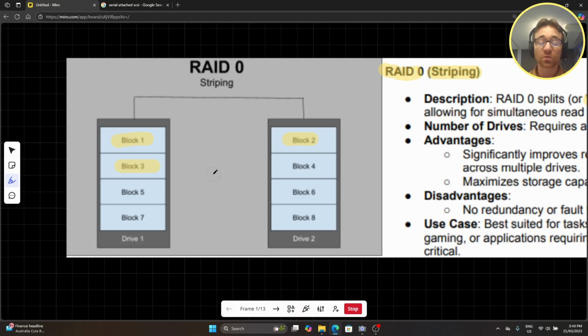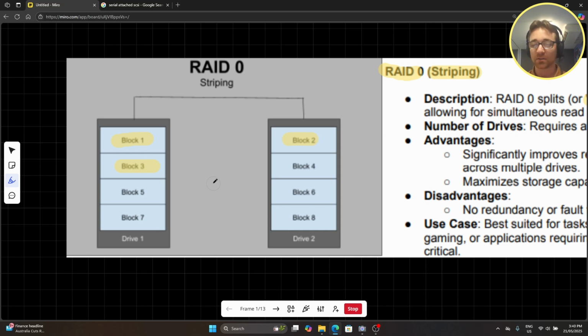By doing this, they increase the speed of read and write operations. Long story short, you can read from these drives more quickly, and you can write to these drives more quickly.